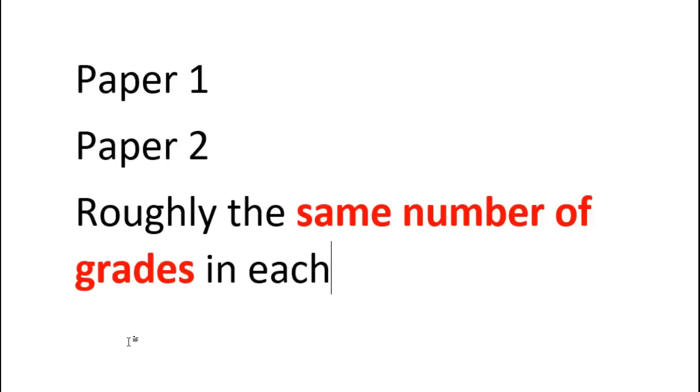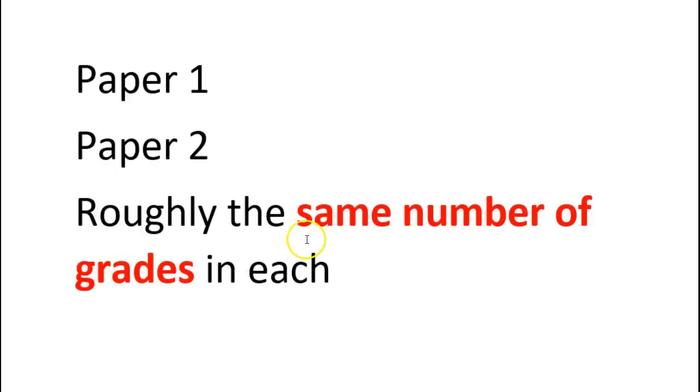So what that means is there are a few students who found paper one quite easy and therefore try really hard in paper two and get even better marks in paper two, but they are offset by the number of students who found paper one hard and then stop revising and do less well.